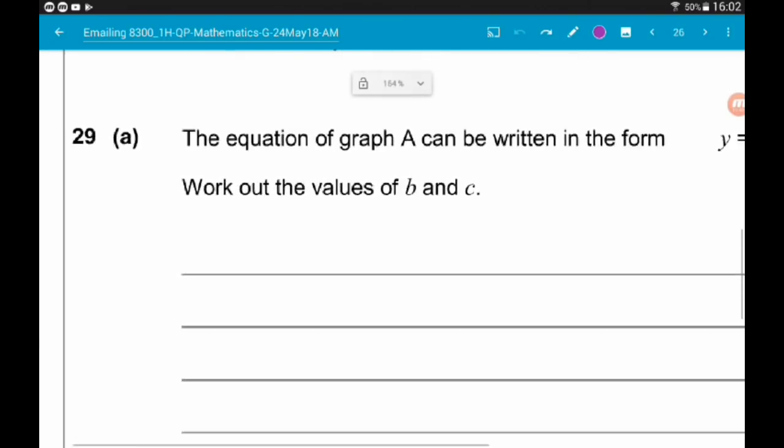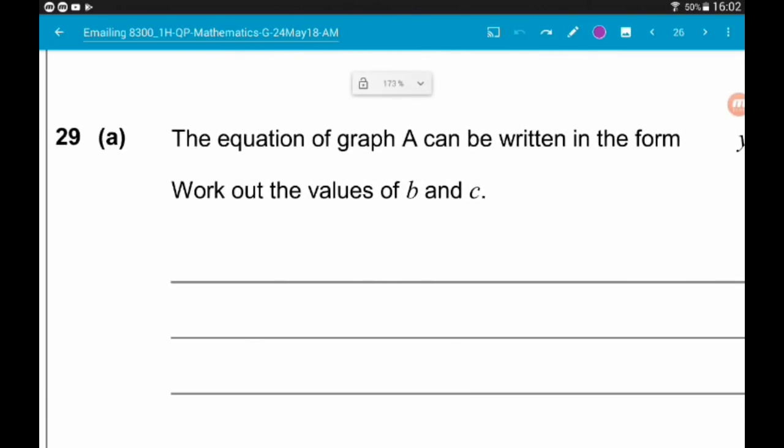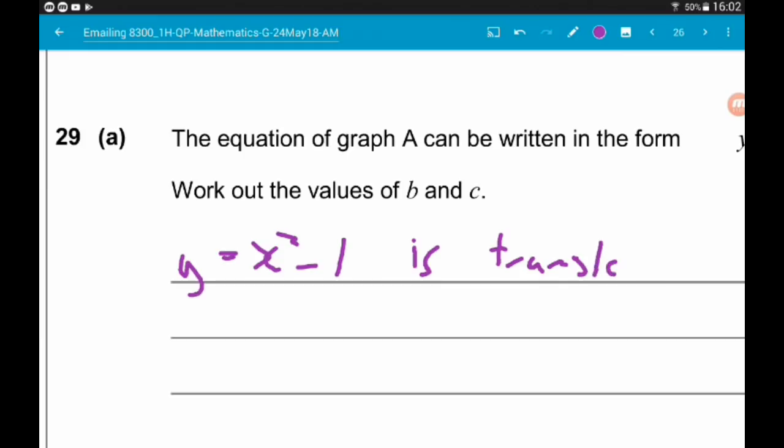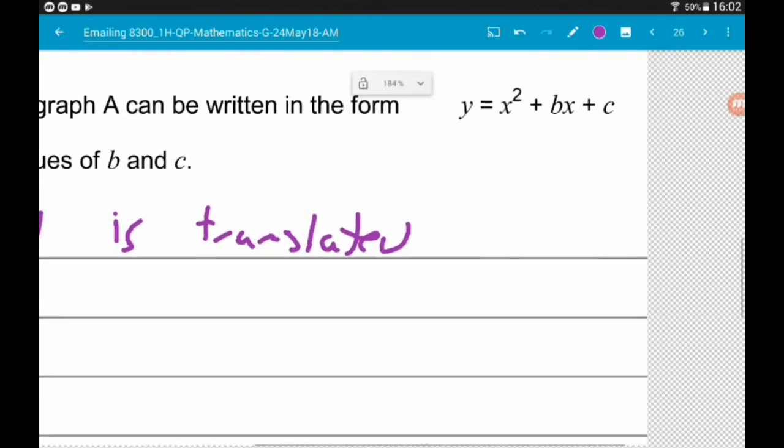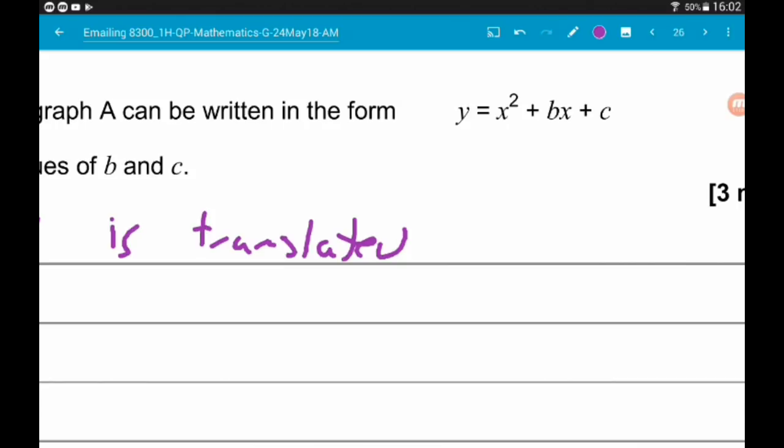So y equals x squared minus 1 is translated three places left. So the vector for that is minus 3, 0.